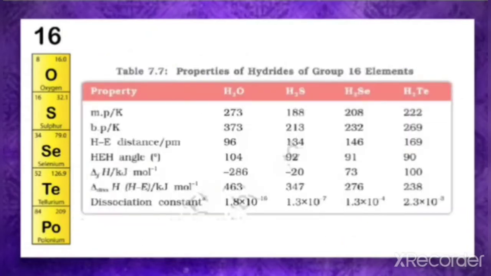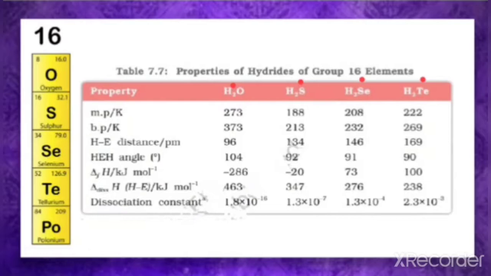So when we compare the table which is given in the textbook, it shows that for H2O, H2S, H2Se and H2Te, from top to bottom the size of the central atom is increasing, so the bond length is increasing.